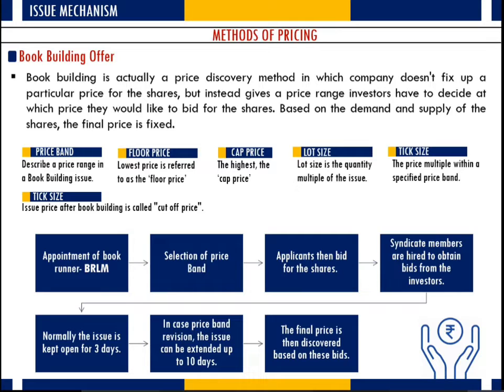So some companies price their shares at a very high end. Let's say 1 share itself is 5,000. Then probably they'll keep the lot size small so that even smaller investors can invest in the company. So let's say 1 lot is equal to 5 shares. But if the price of the shares is very low, let's say 1 share is like 50 or 60 rupees, then the lot size will become higher. So 1 lot is equal to 100 shares.